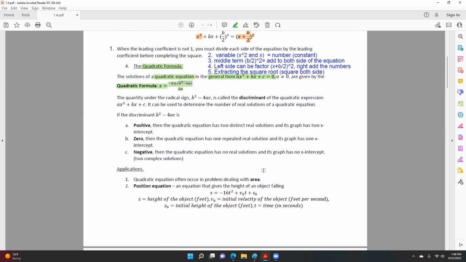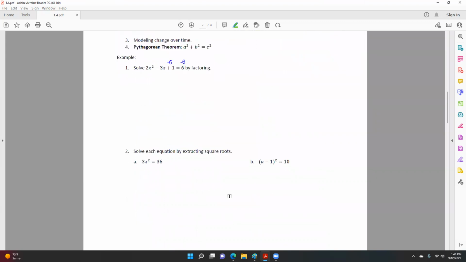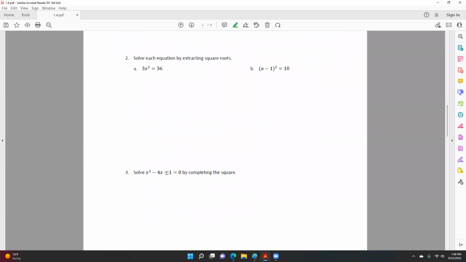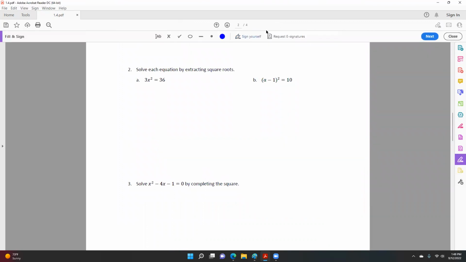Now, if you have something like question 3, can someone tell me what a, b, and c are? This is very important. A is the leading coefficient, that will be 1.